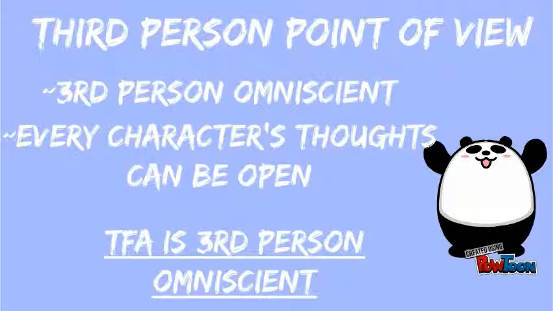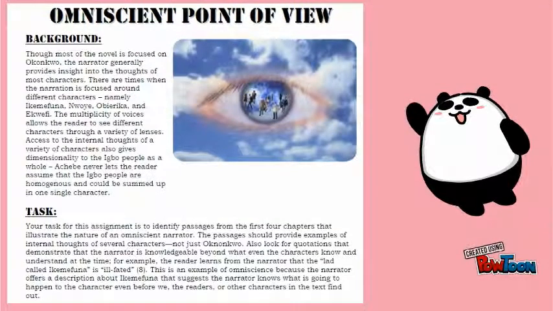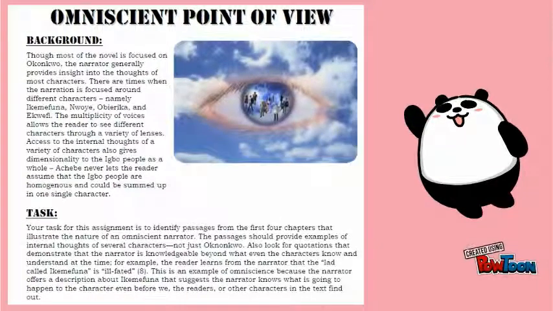So if you would, take a look at the handouts that you should have now, titled Omniscient Point of View. And it says, though most of the novel is focused on Okonkwo, the narrator generally provides insight into the thoughts of most characters. There are times when the narration is focused around different characters, namely Ikemefuna, Nwoye, Obierika, and Ikwefi.